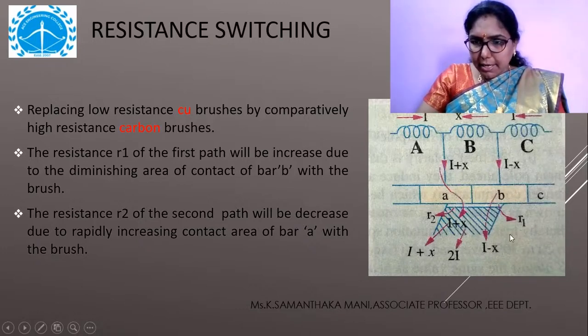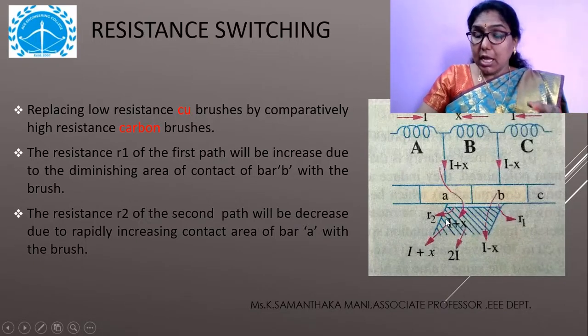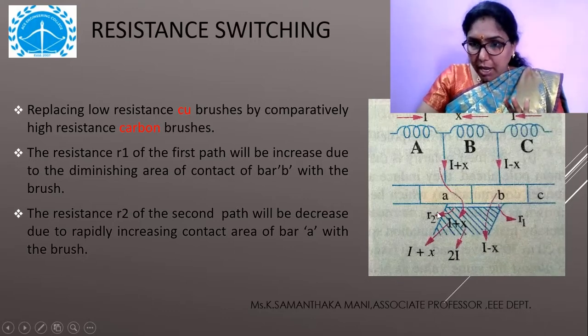In the previous commutation we discussed, there was a copper brush which caused sparking at the brushes. But now, if you observe, this brush is a combination of two materials. The hashed area is completely copper, and the surface of the brush above that is made of carbon material.